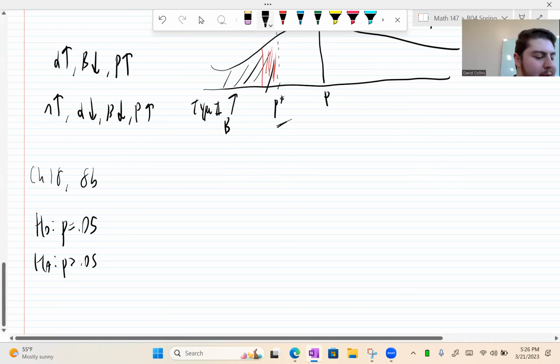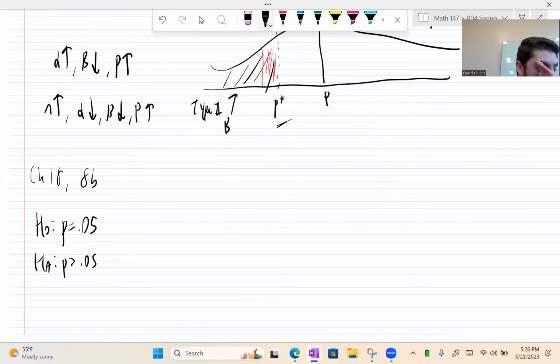P greater than 0.05. Notice how this is a one-sided hypothesis test. So that's the information you are given.